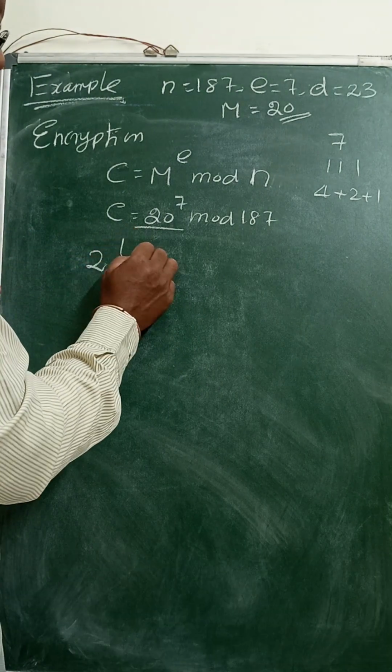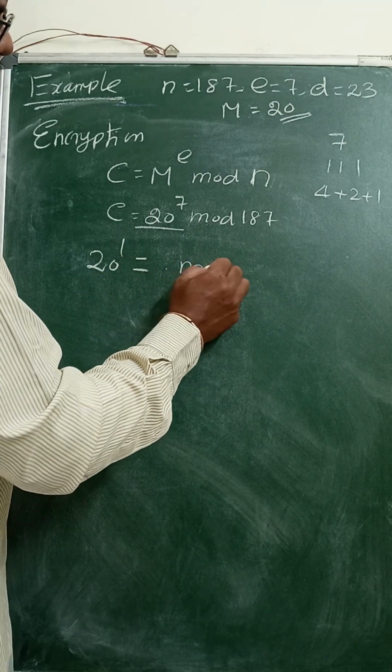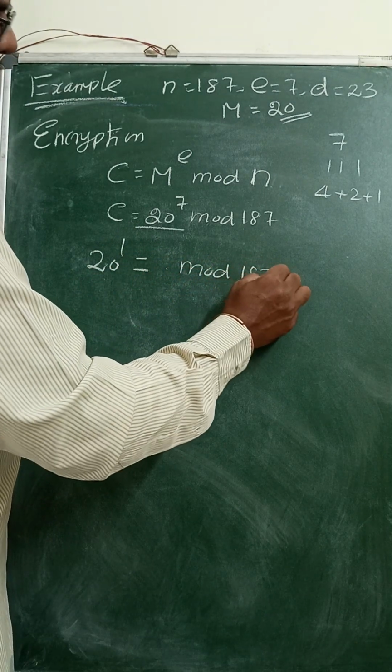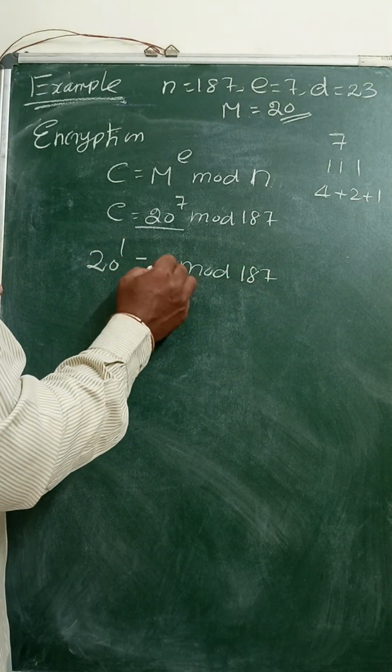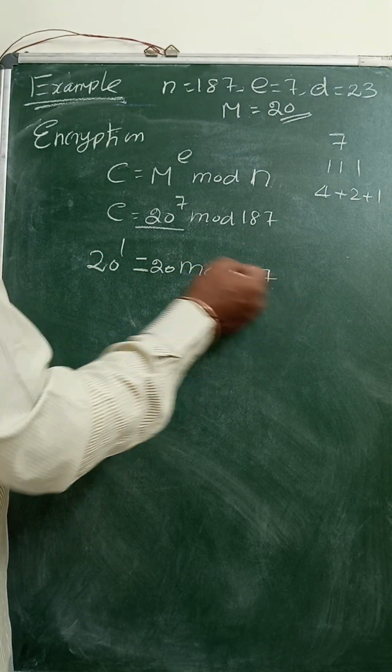How do we write that? We can call it modular exponentiation. 20 power of 1 is 20 mod 187, and we get the remainder.